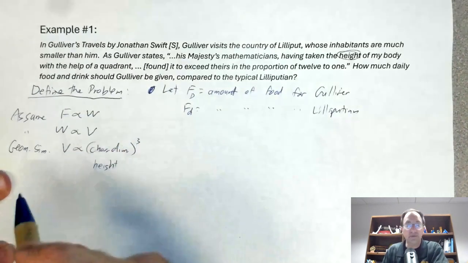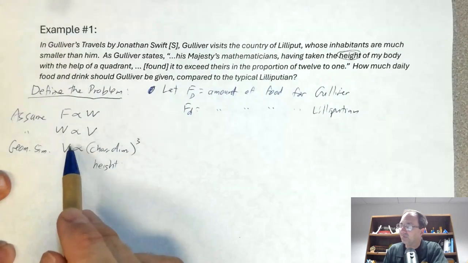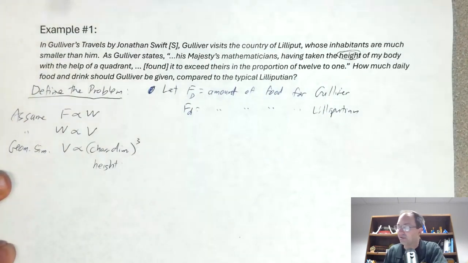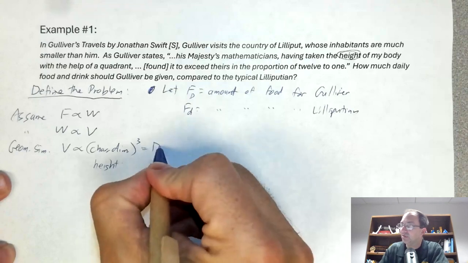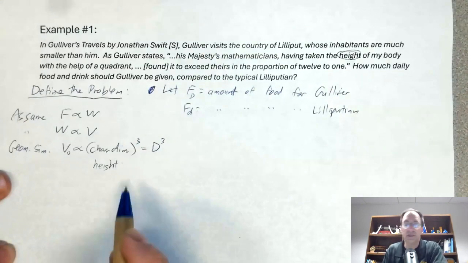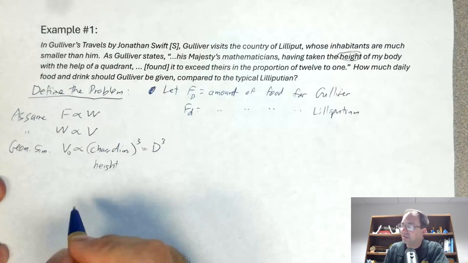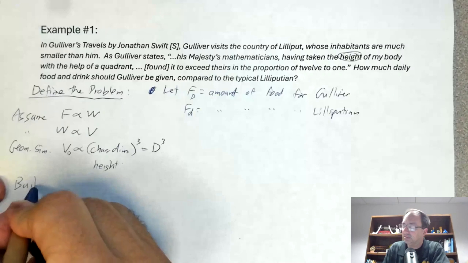Notice that we have a transitive situation. Food's proportional to weight, weight's proportional to volume, volume's proportional to the characteristic dimension, which I'm just going to call D cubed if I'm talking about Gulliver, and little d if we're talking about a Lilliputian.